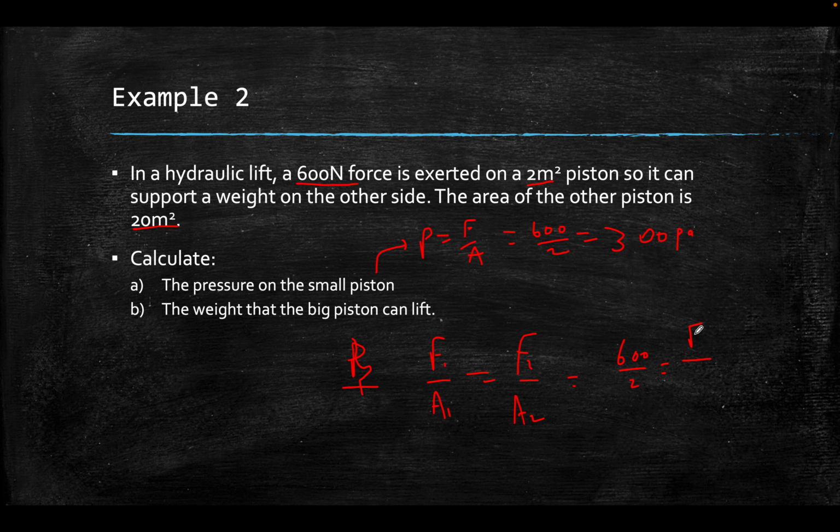The weight is in newtons. That'll be F2 over my new area, which we know is 20 meters squared. Again, cross multiply, you'll get F2. I'm just going to do 600 divided by 2, and then multiply by 20, because I need to multiply both sides by 20. And of course you will get your answer of 6,000 newtons.